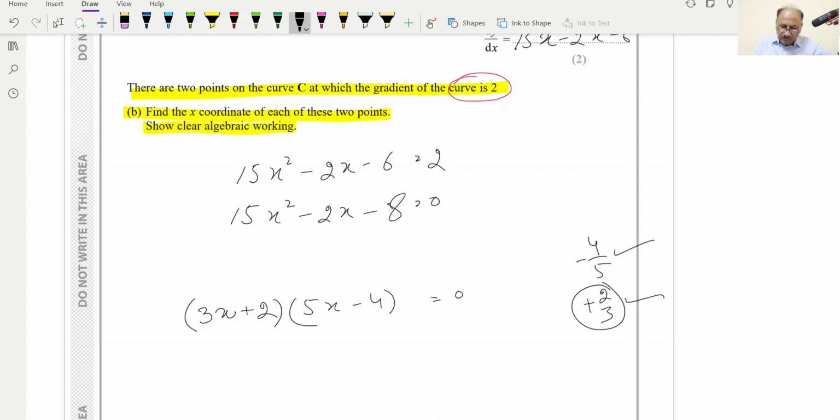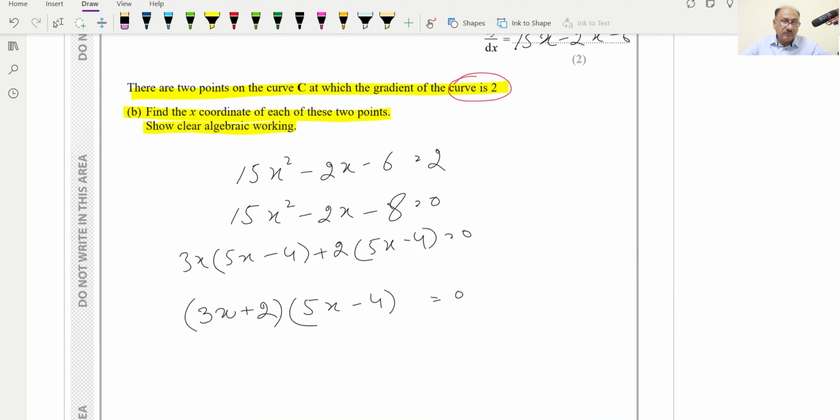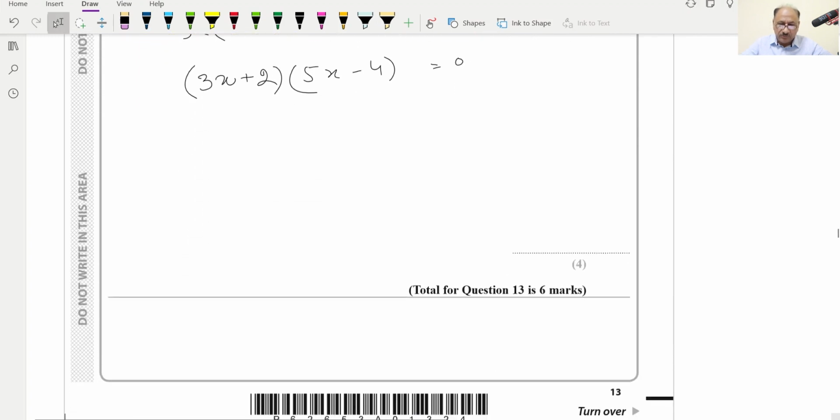As an intermediate step I will write 3x plus 2 multiplied by 5x minus 4 is equal to 0, and this extra lining I will remove, and these values also I'm removing, because this is for your explanation.